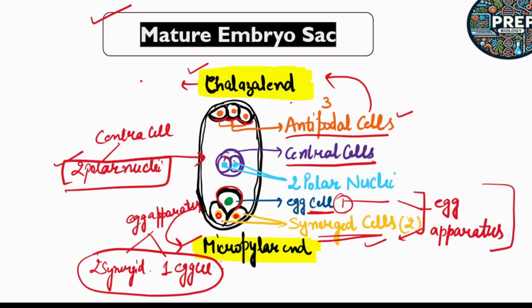This is 1 and this is 2. These nuclei are called the polar nuclei. Now, if we see the chalazal end, we have 3 antipodal cells.